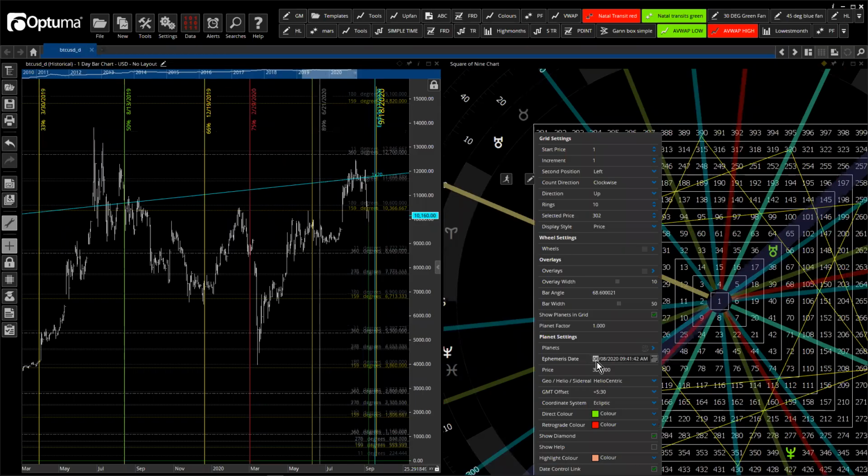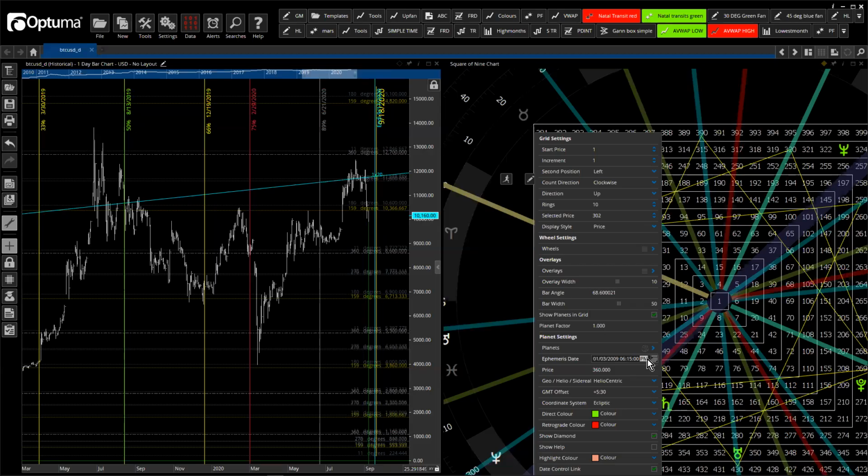I'll put this to the natal date of 1/3/2009, and we set it to 6:15 p.m. Doesn't matter, but just so you know, that is the natal date for Bitcoin if you don't know it already.